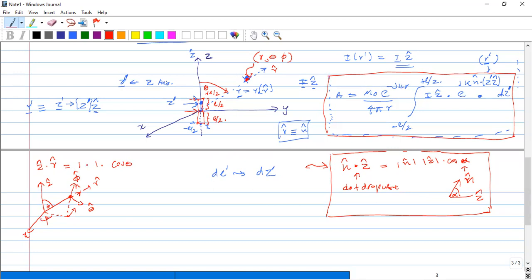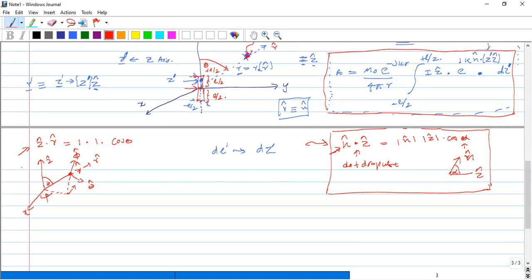So how do you find this one using this one? Can you see any relationship between this one and this one? Try to figure it out. What is the relationship? Pause the video and try to understand it by yourself.